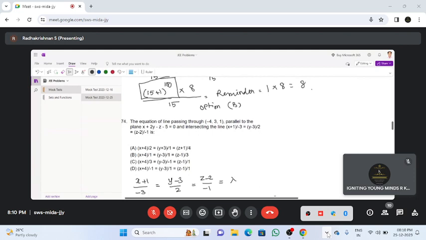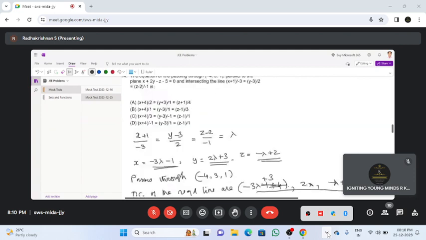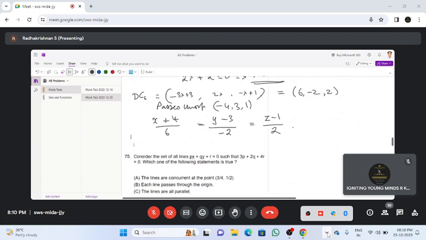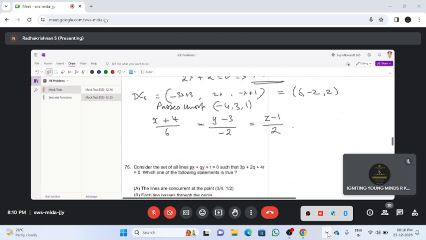So it looks like none of the options are matching. That is because we can simplify it. You see the denominators are all divisible by 2. So we can write this as x plus 4 divided by 3 equal to y minus 3 divided by minus 1 equal to z minus 1 by 1.